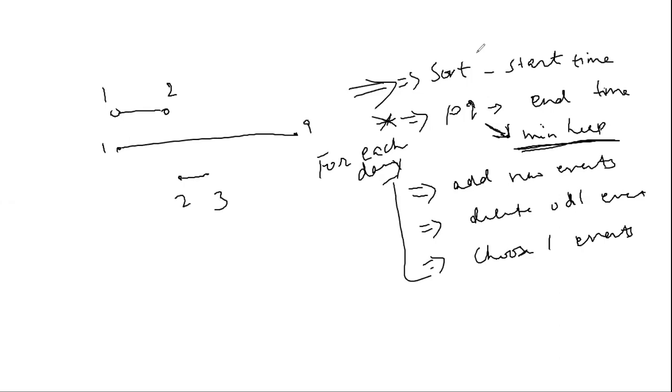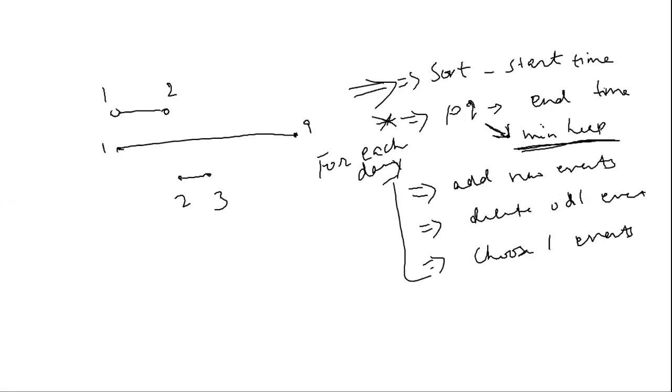Right? Yeah, I agree. So I think maybe we put the ending time into the priority queue, and that step is in the for each day loop. After attending a new event, we put that new event's ending time into the priority queue.